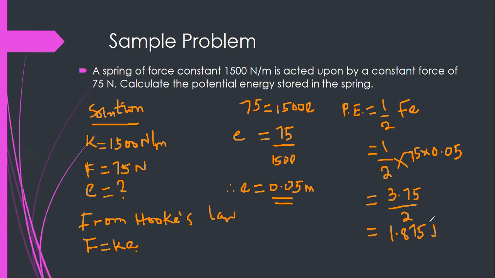So approximately, our potential energy is going to be 1.9 joules. This is our potential energy.